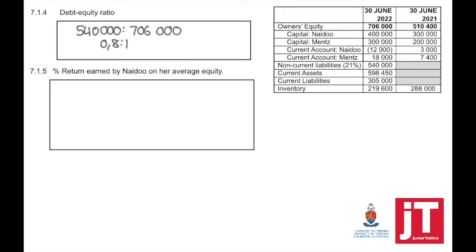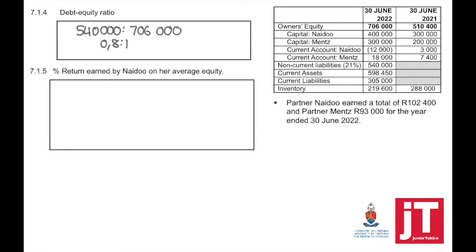Percentage return earned by Naidu on her average equity. So we need to know what was her earnings. Partner Naidu earned a total of 102,400. We need to divide it by her equity in the business. And what does your equity consist of?